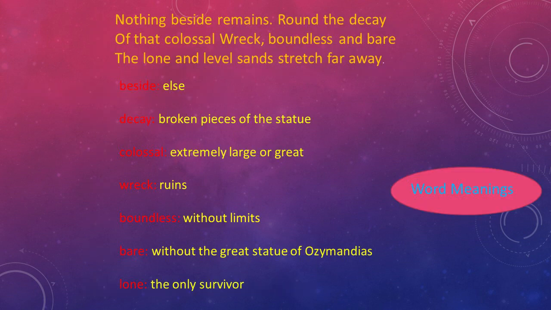Next, nothing beside remains. Round the decay of the colossal wreck, boundless and bare, the lone and level sands stretch far away. So here beside means else. Decay means broken pieces of the statue, which have broken and decayed.